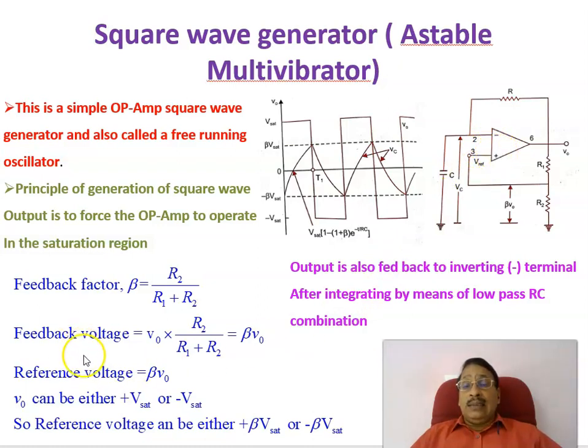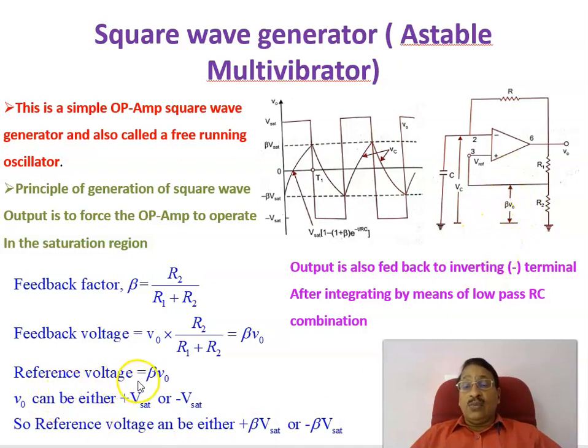The output voltage can be either plus Vsat or minus Vsat, because the op-amp is working in the saturation region. If the output is plus Vsat, the feedback voltage becomes plus beta times Vsat, and if it is minus Vsat, the feedback voltage becomes minus beta Vsat.